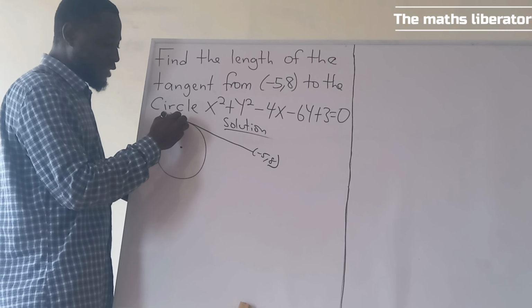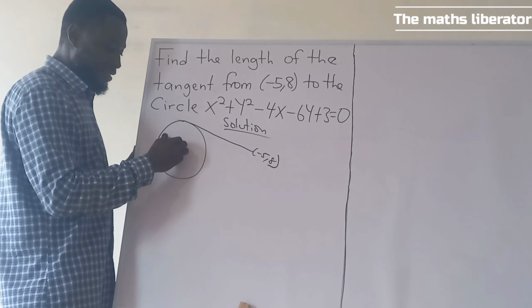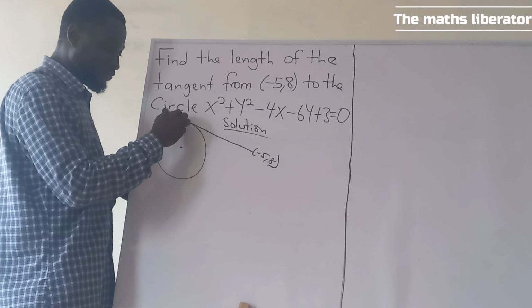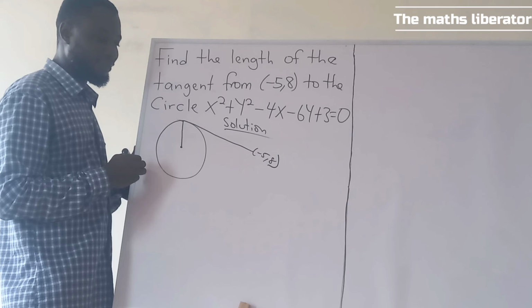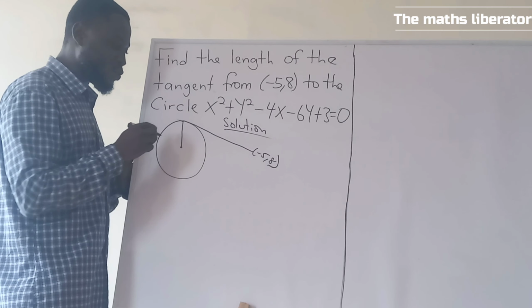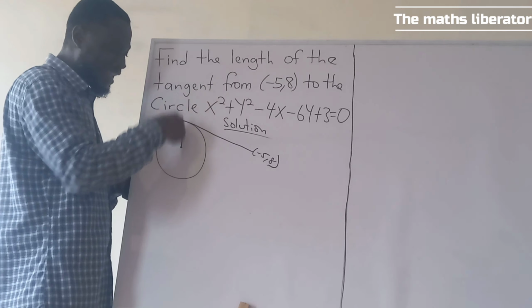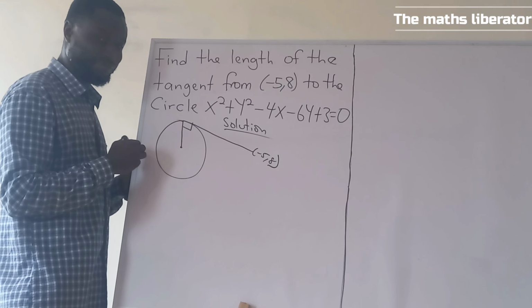Now, when I join this point of tangency to the center of the circle, it gives me a radius. And there's a theorem in circles that states that whenever the tangent touches the radius, it forms a right angle.